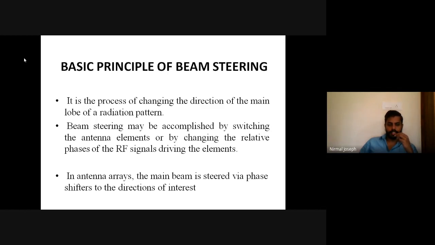So we want to send the beam in that particular direction where the main lobe points. So it's the process of changing the direction of the main lobe of a radiation pattern.